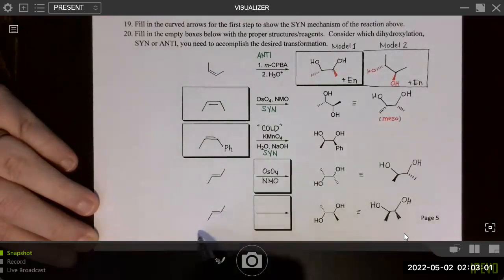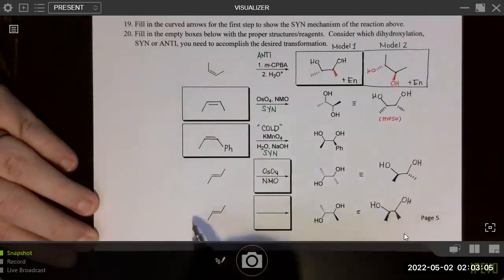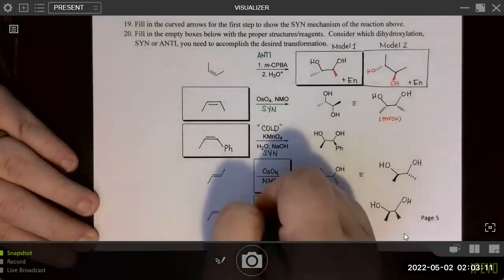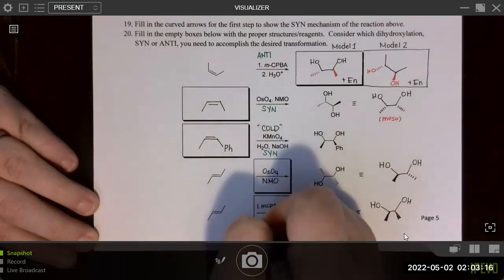So our rotation has to have occurred in order to get them to appear syn, even though they started anti. So that means we had to do an anti-dihydroxylation. So we need to do mCPBA followed by H3O+.